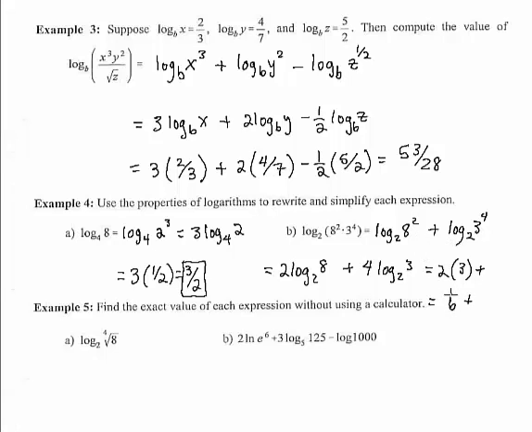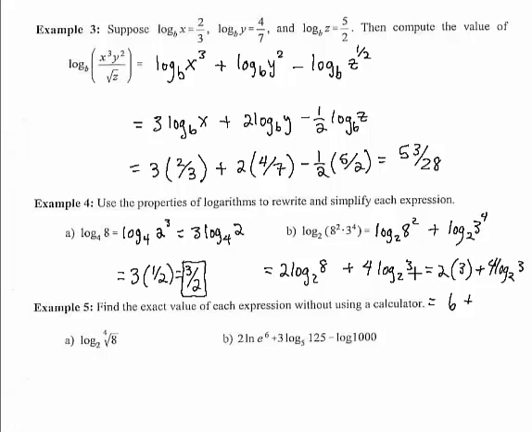So the first one turned out to be a whole number, but here with 4 times log base 2 of 3, we sort of run into a problem. If we want the exact answer, there's not much that we can do with this expression in terms of calculating it without a calculator, because log base 2 of 3 is not a whole number.